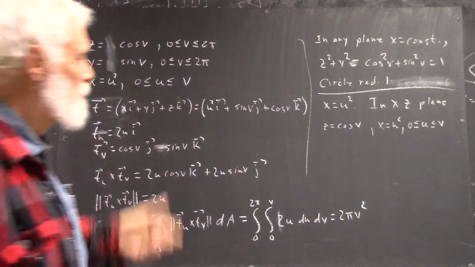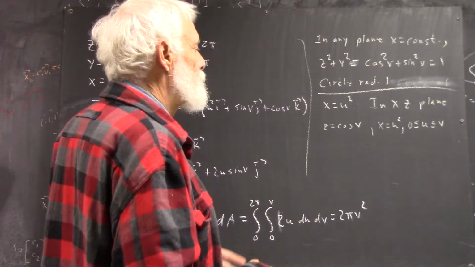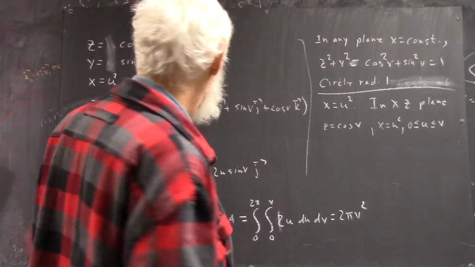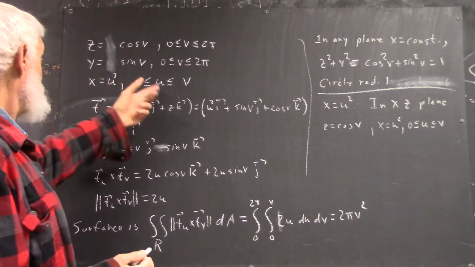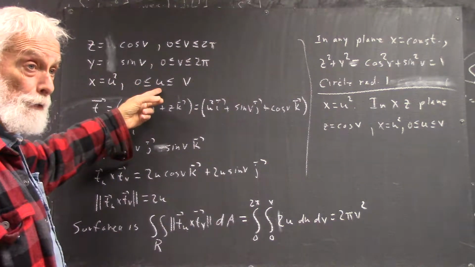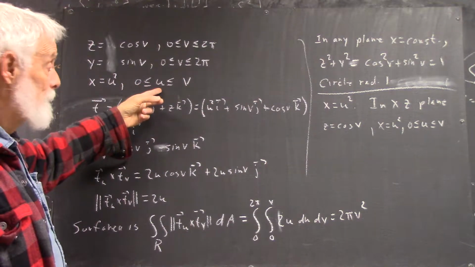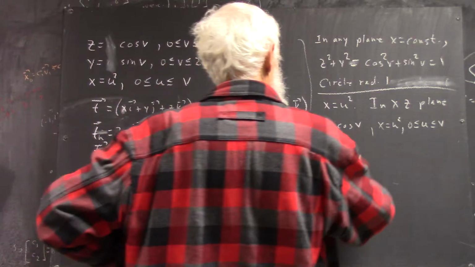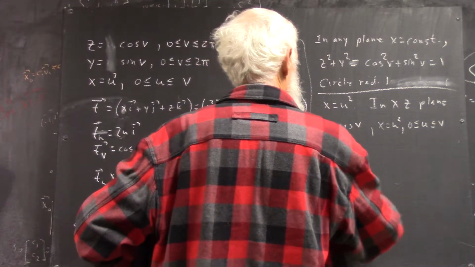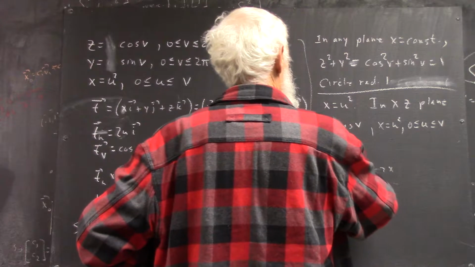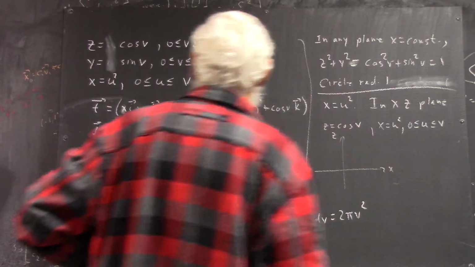So if v equals 0, then u has to be 0, right? So let's just look in the xz plane, okay?